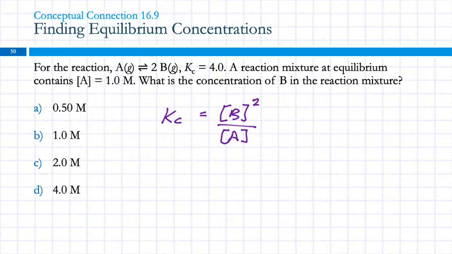So K is 4, and A is 1. So B must be 2, right? Any questions?